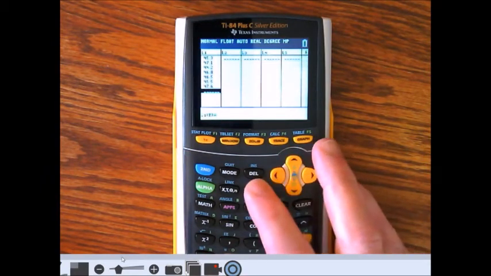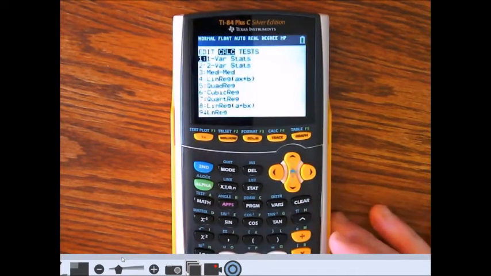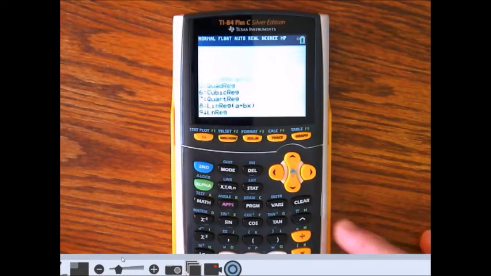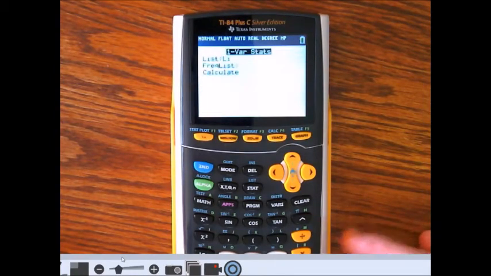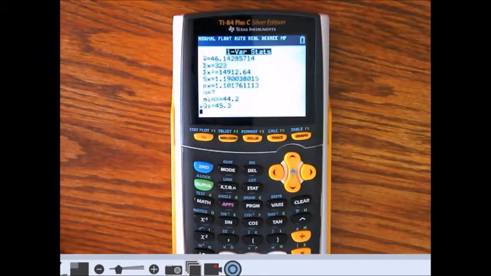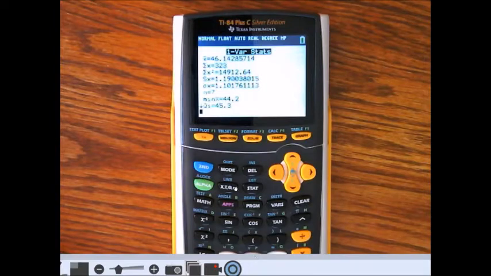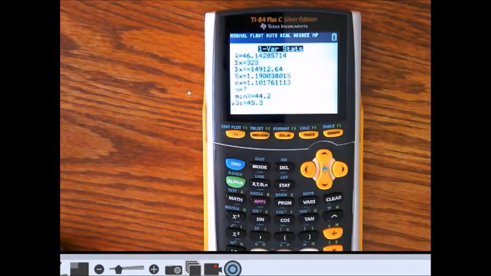I'm going to go back to Stat, Calc, and if I just want the sample mean and the sample standard deviation, I'm going to do one variable statistics, one var stats, and it's going to give us a mean of about 46.14. So let's write that down, 46.14, and a sample standard deviation of, that's going to be this one, the 1.19.